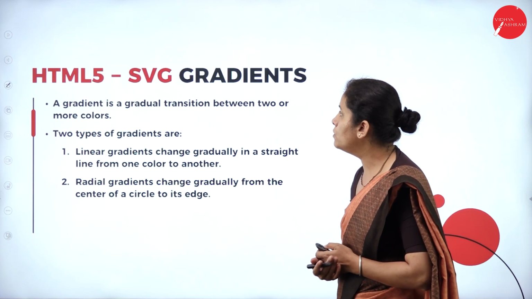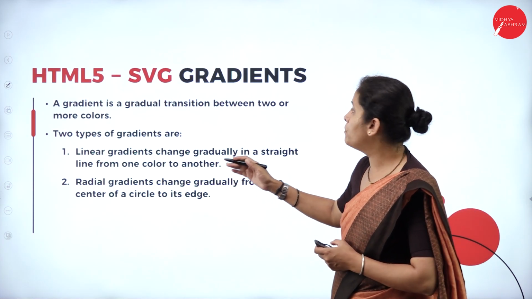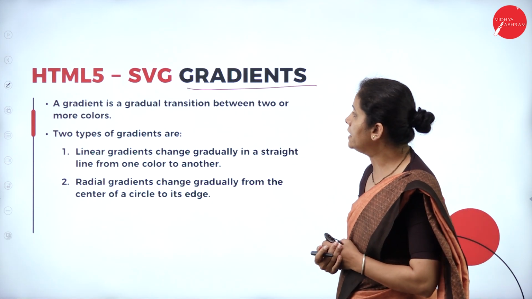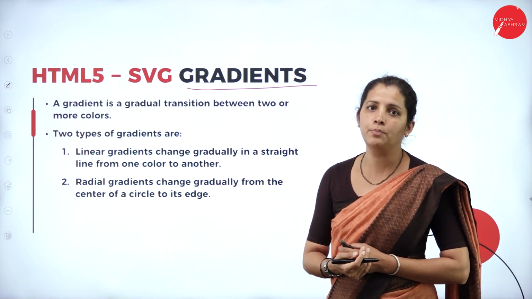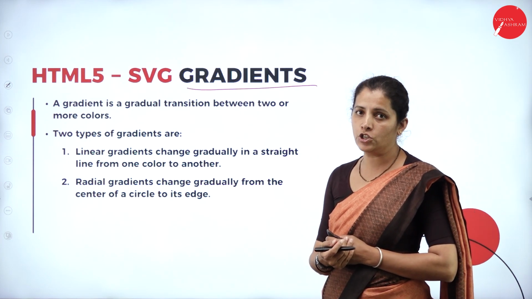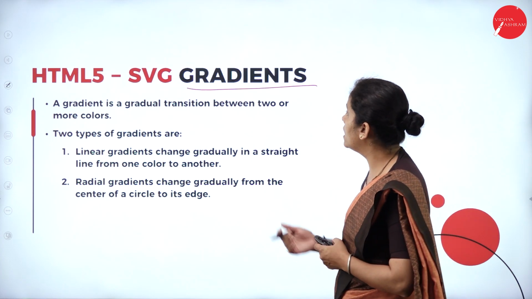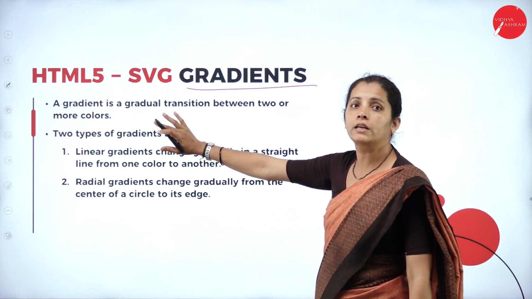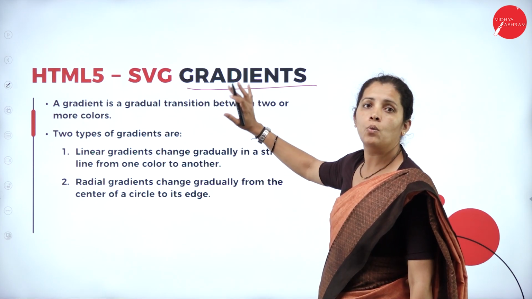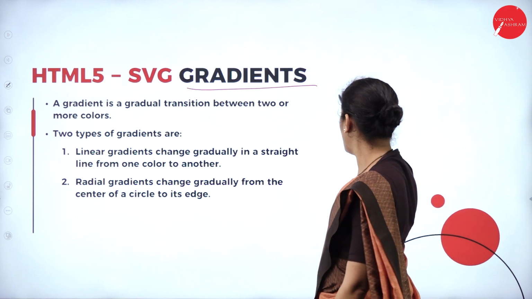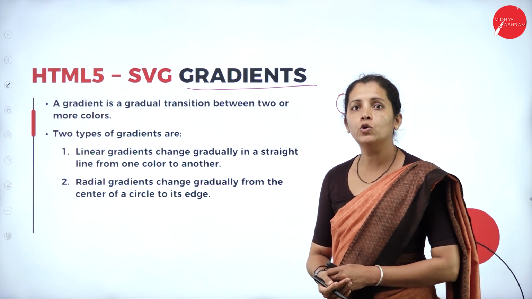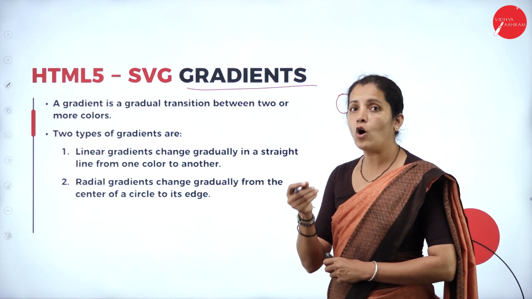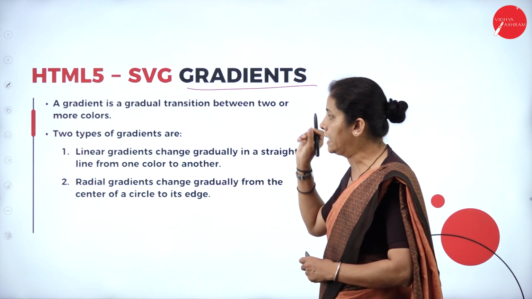Fine. Now I have one more very important topic, that is nothing but gradients. A gradient is a gradual transition between one or more colors. Suppose I want to provide a transition in my element, then I'll go with gradients. I have the object, and now I want to provide the transition of color in my object, then I'll go with gradients.